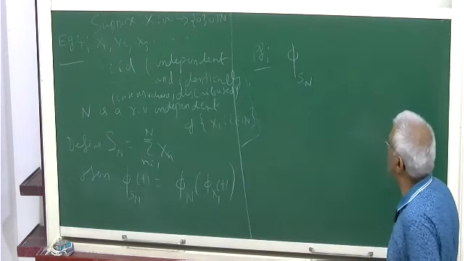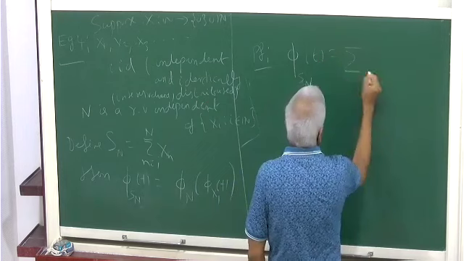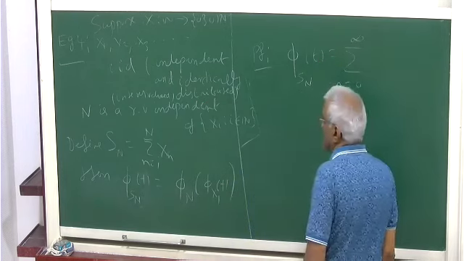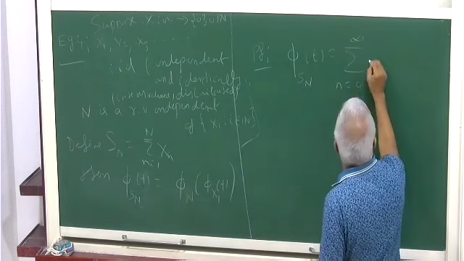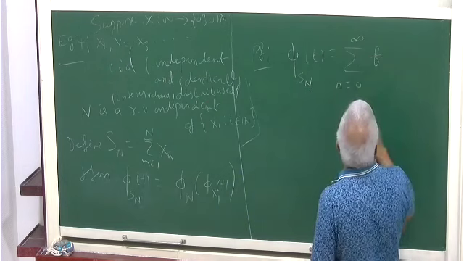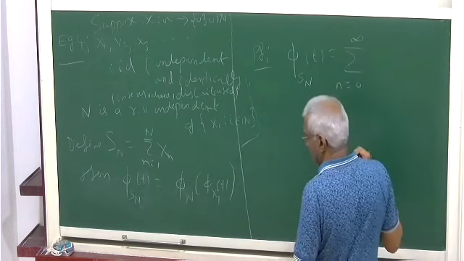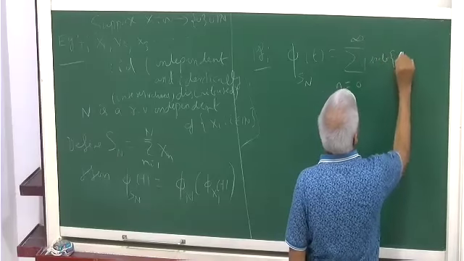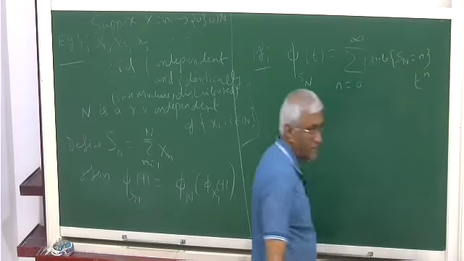Now phi_{S_N} at t equals, the proof is very simple, the sum over n equal to 0 to infinity of t to the power n times the probability that S_N equals n.